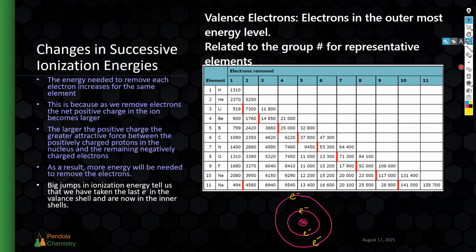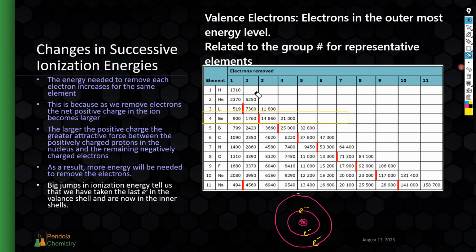Well, if we look at beryllium and its successive ionization energies, we'll notice that beryllium has 4 electrons in total. We remove one of these electrons, and that takes 900 kilojoules of energy.